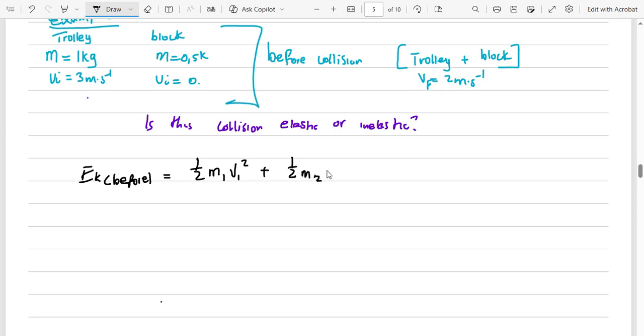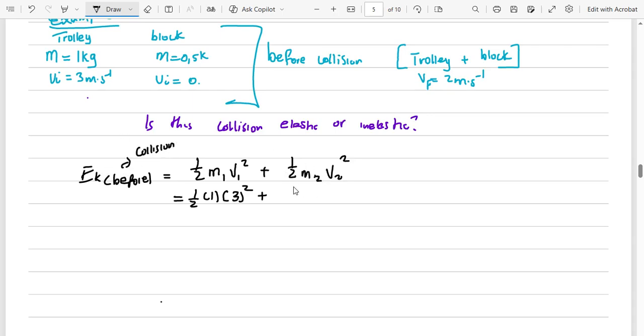So this is mass 2 times V of the block squared. Now understand? You do substitution. 1 over 2, the mass of the trolley, we said it's 1. And then the initial velocity before collision, remember, we said it's 3, and then this is squared.